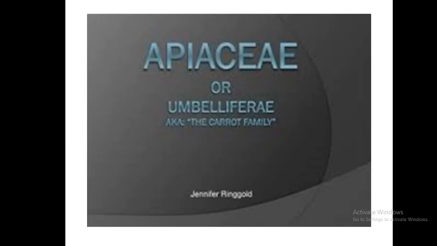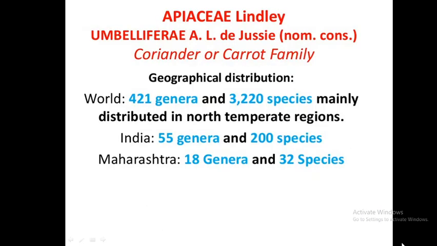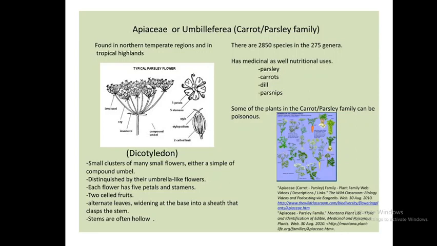Alternate, rarely opposite. Exstipulate. The leaf base is broad and sheathing. The leaves are aromatic and show reticulate venation.